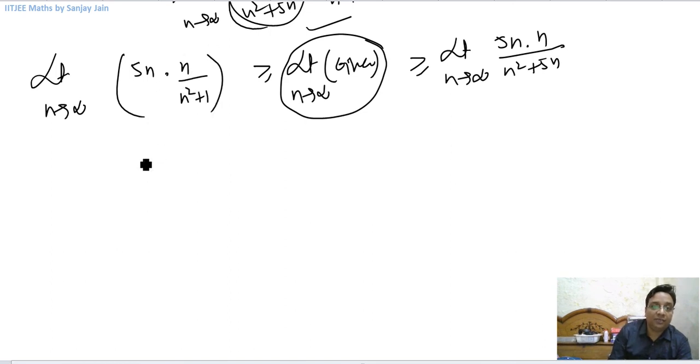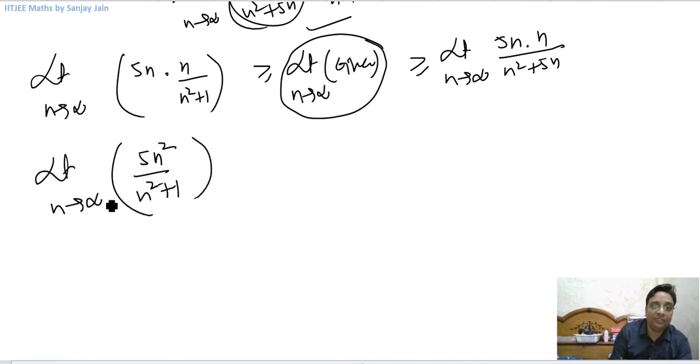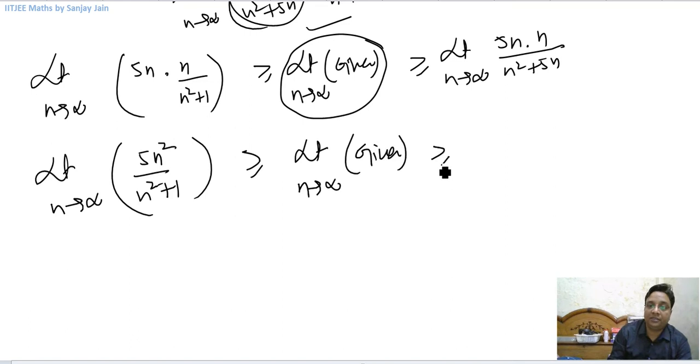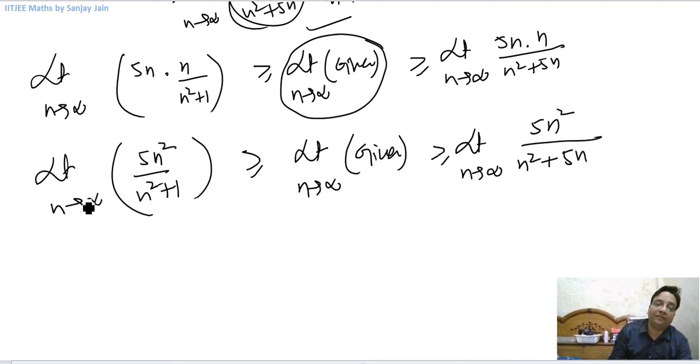This is limit n tends to infinity of 5n square by n square plus 1, greater than or equal to limit n tends to infinity of the given expression, which is greater than or equal to limit n tends to infinity of 5n square divided by n square plus 5n.